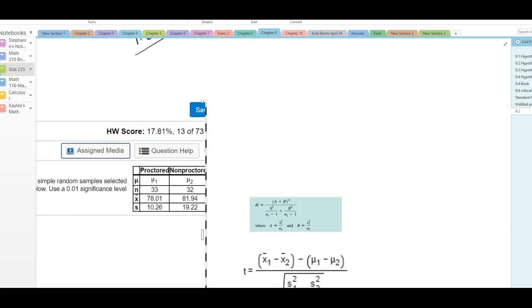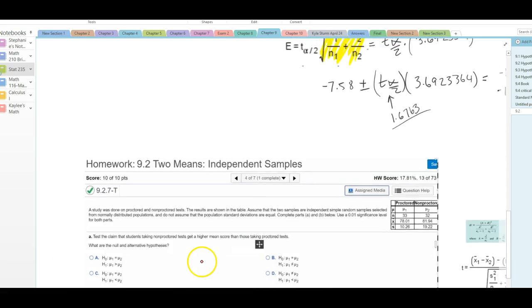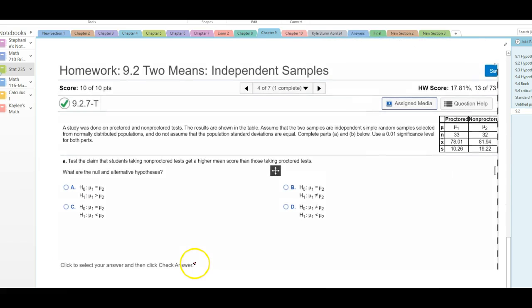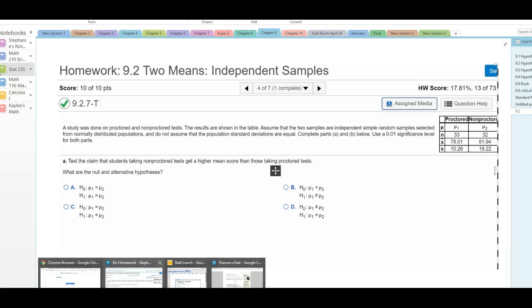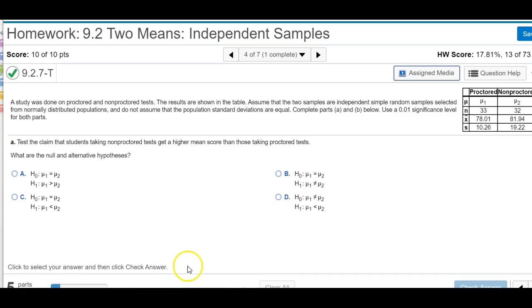So I want to go over this example in my math lab on how to use the technology, and you can verify that you get the same answer using the formula. Let's pull up this problem.